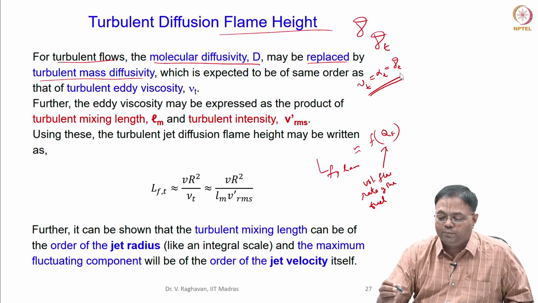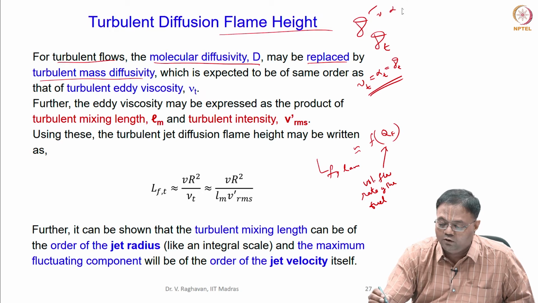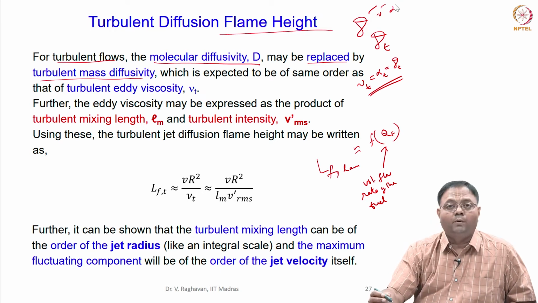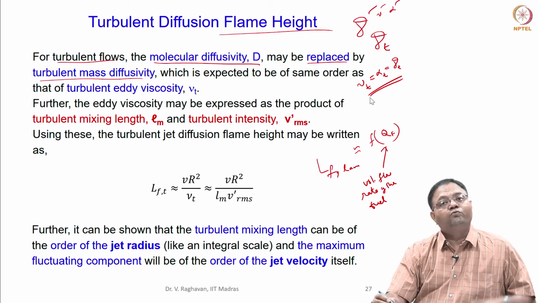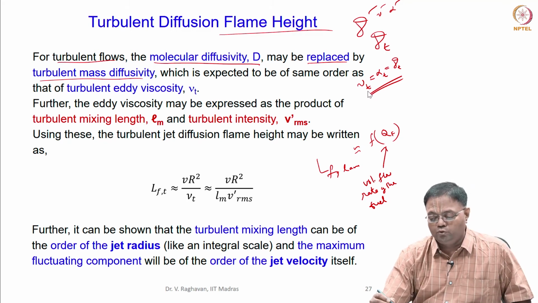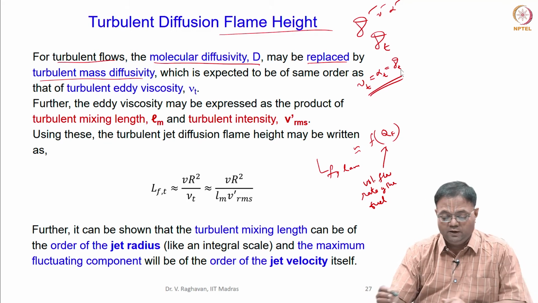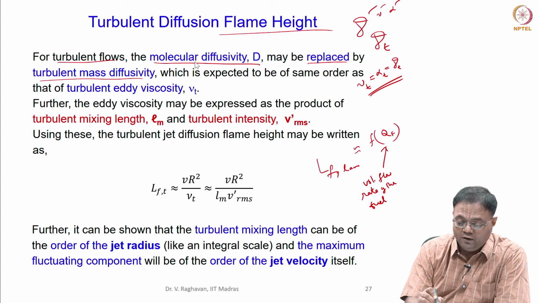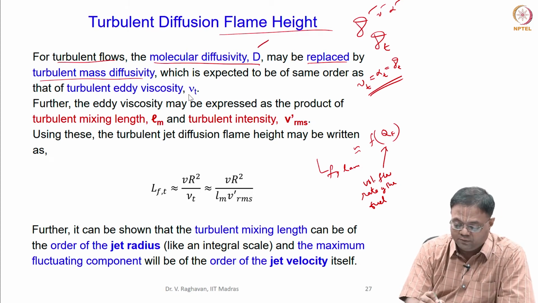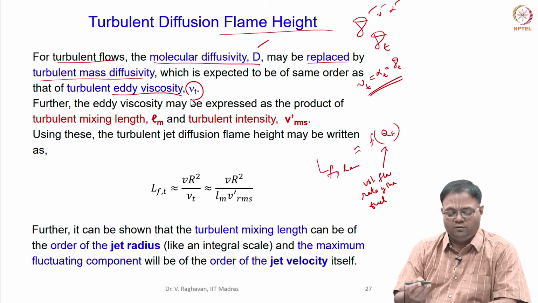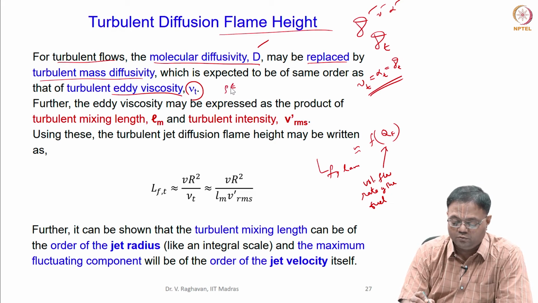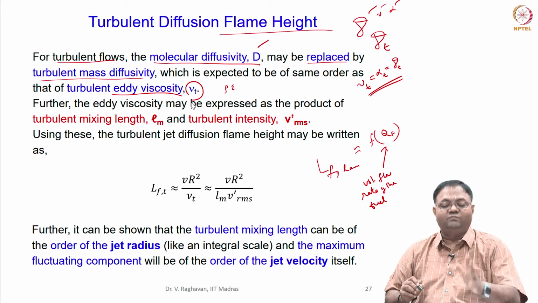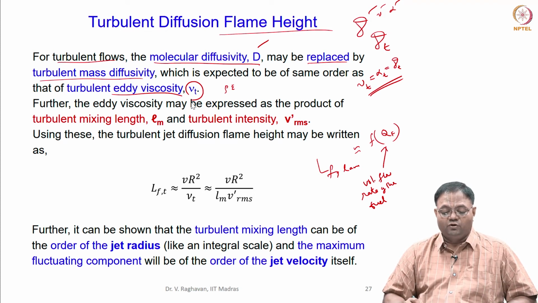So the fuel properties like nu and alpha in the laminar regime become flow properties in the turbulent regime. So nu T, alpha T and D T, and so we can say the molecular diffusivity is nothing but the turbulent eddy viscosity, nu T, or we can say rho epsilon, correct. Which we have already seen. So we can replace this with the eddy viscosity.